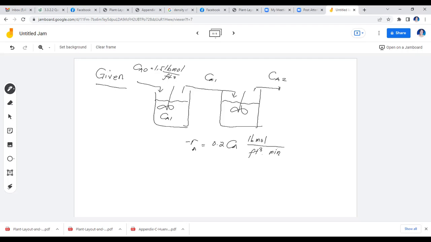And then you are given that your degree of conversion is 80%. So that must be referring to the degree of conversion already on the last tank. So I'll place here X sub AN, which is X sub A2, equal to 0.8.